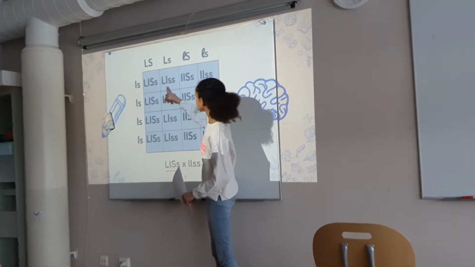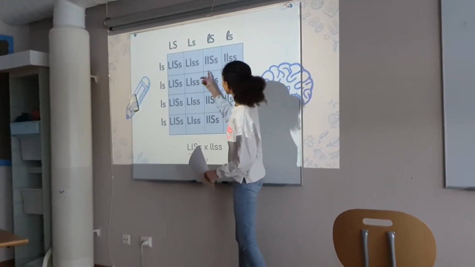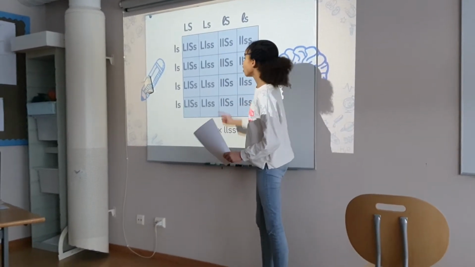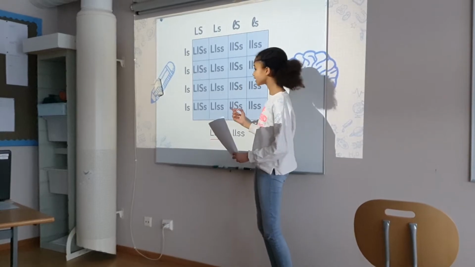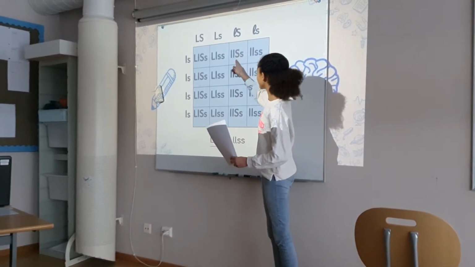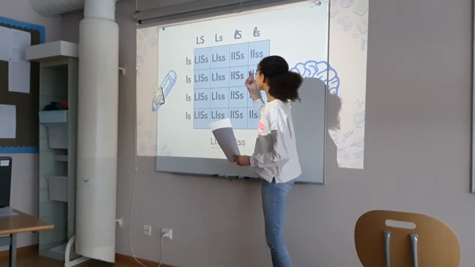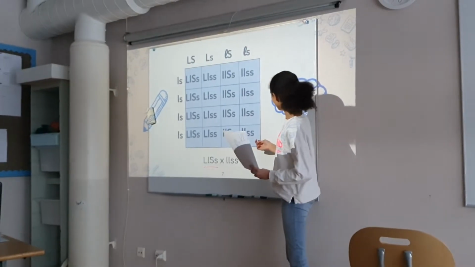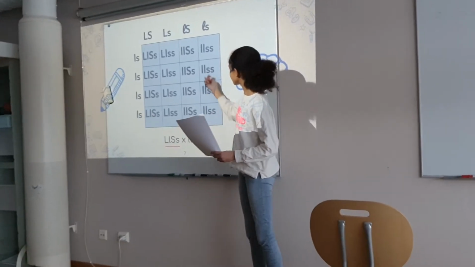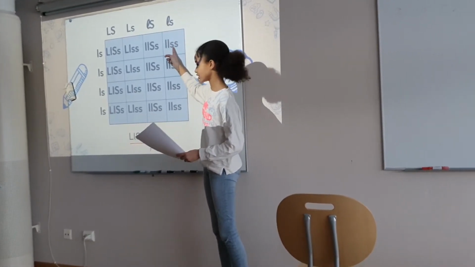So it would be a long-eared dog who dislikes swimming. On the third row, the two l's are small, which means it's a recessive trait, so the dog has spiky ears, and since it's capital S and small s, the dog likes swimming. On the last row, all of the letters are small, so that means it's a dog with spiky ears who dislikes swimming.